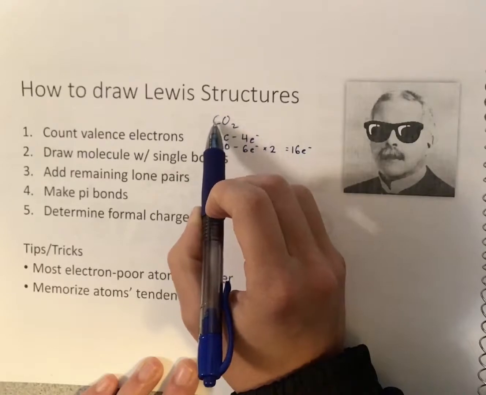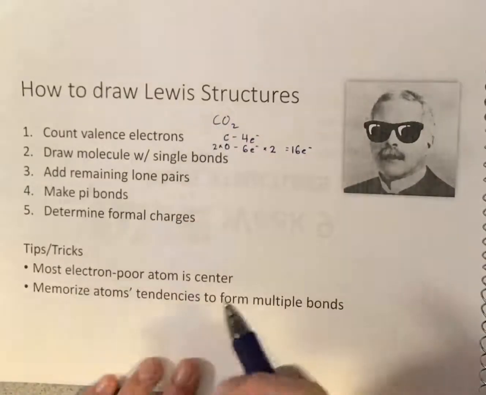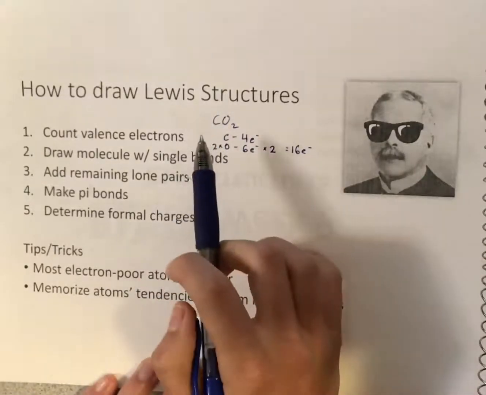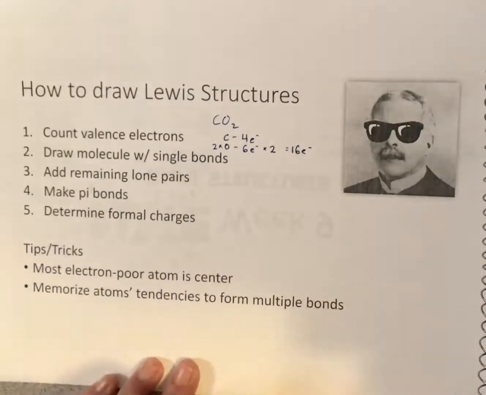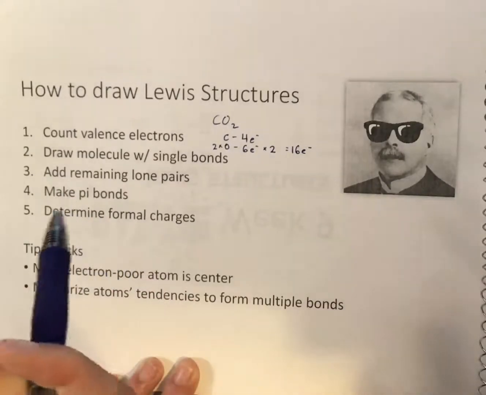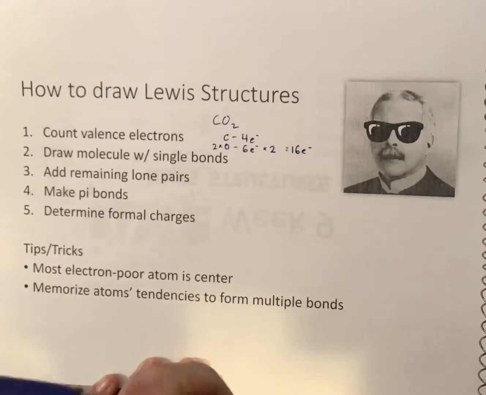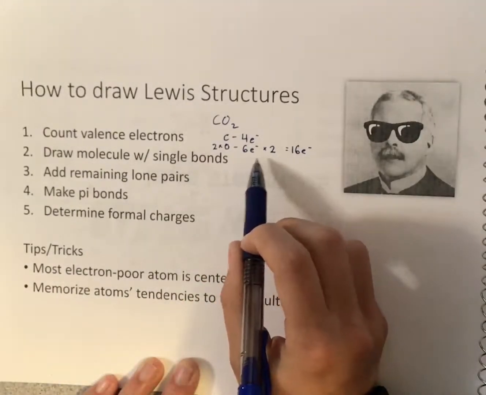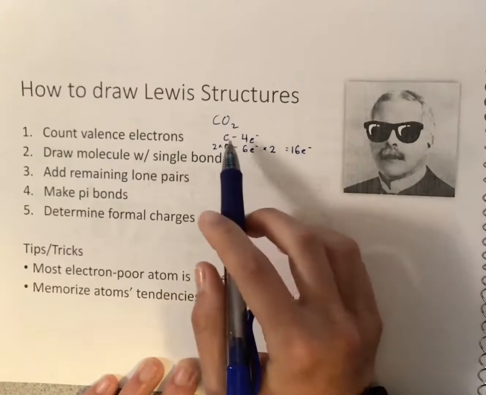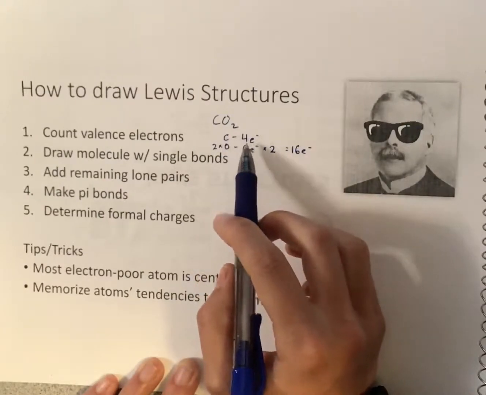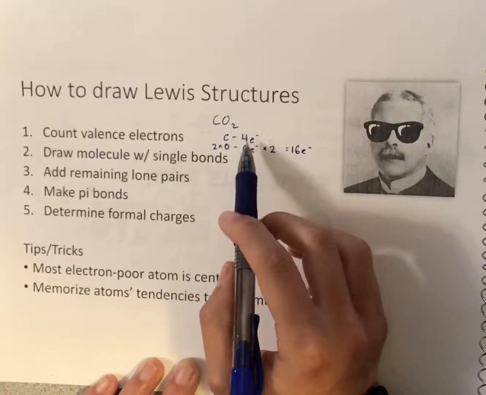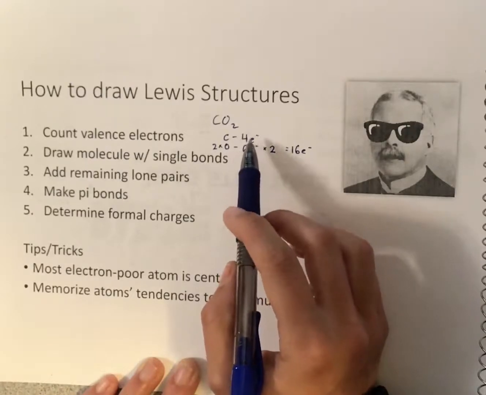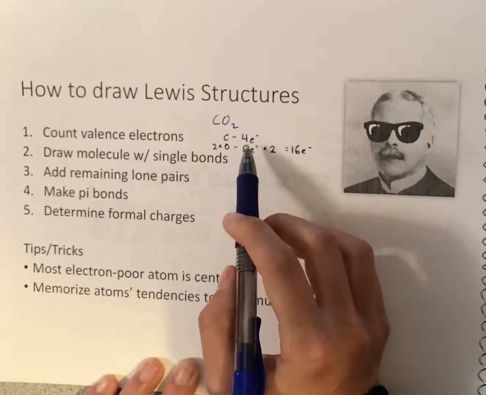And how I like to determine it is you kind of think of the atom that is the most hungry for electrons, or it's the least electronegative, and it wants more electrons. So oxygen wants 2 more to complete its full octet, and carbon wants 4 more. So carbon wants more of them. It wants to share more electrons. It wants to have more bonds.